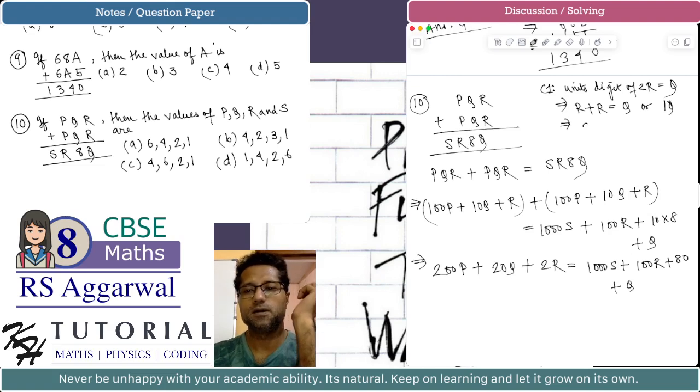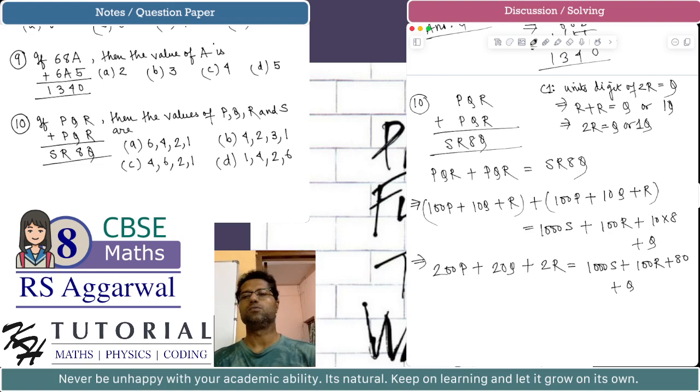This implies twice r is equal to q or 1q.